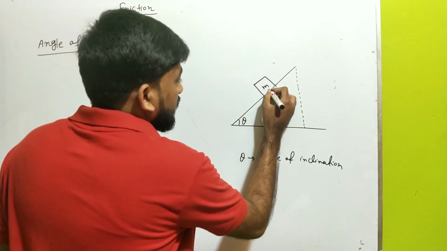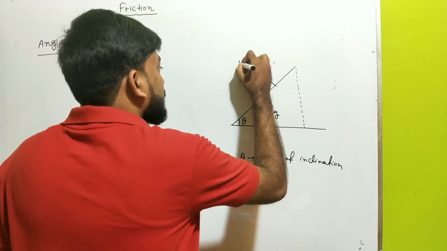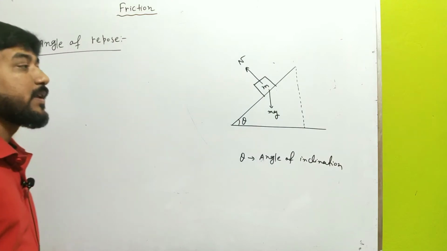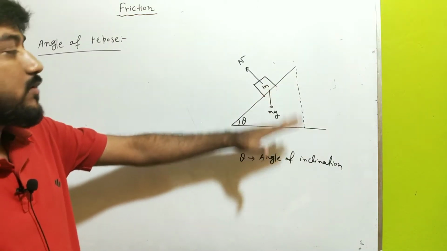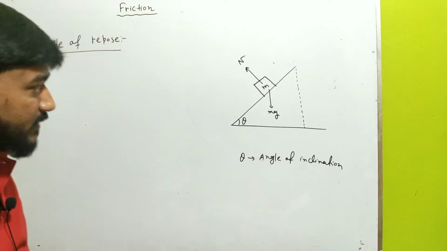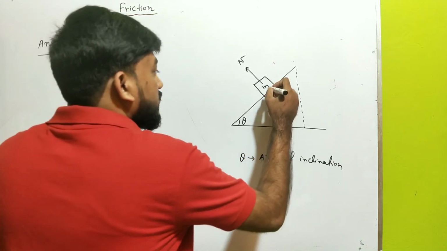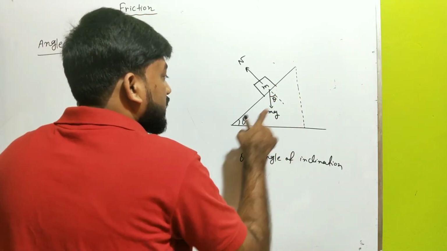One force obviously is mg, and another force is the normal reaction, which is perpendicular to the contact surface. And from the very simple geometry I told earlier, if this angle is theta, this angle is theta, this will also be theta.